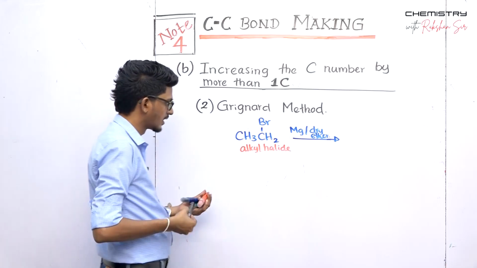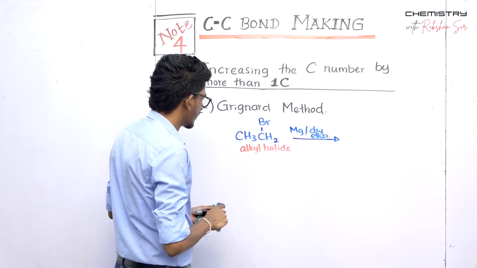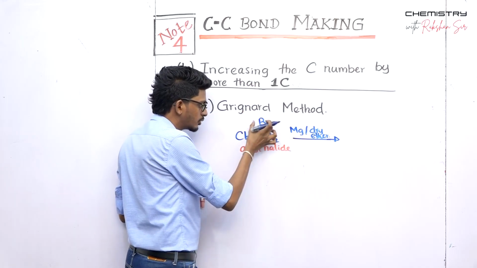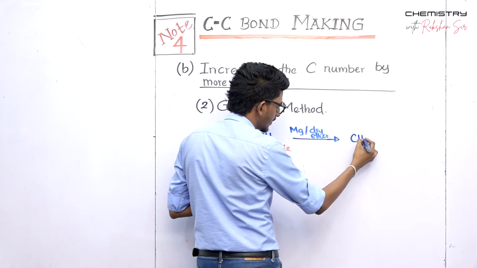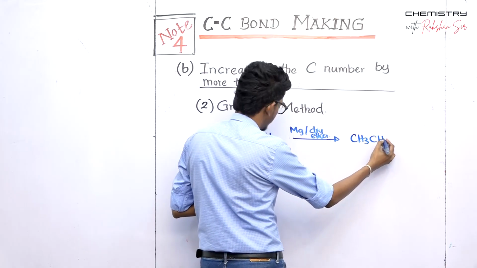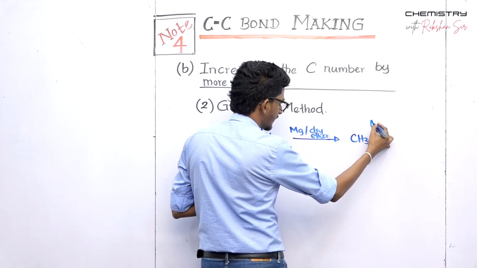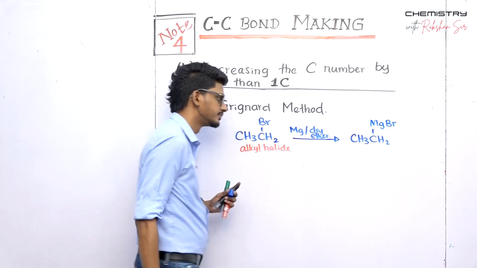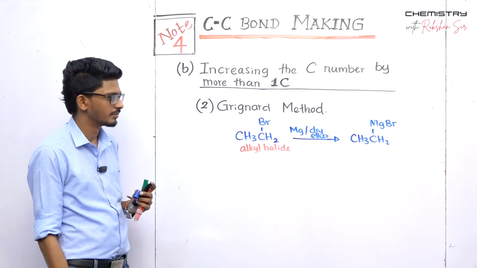What will happen? The Mg will connect here, giving CH3CH2CH2MgBr. Simple like that.